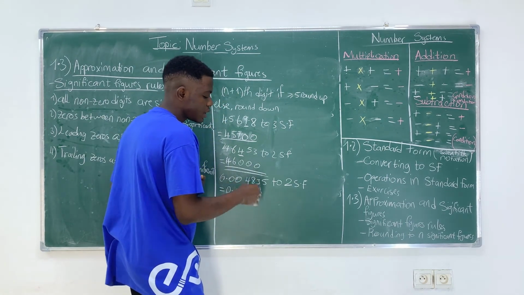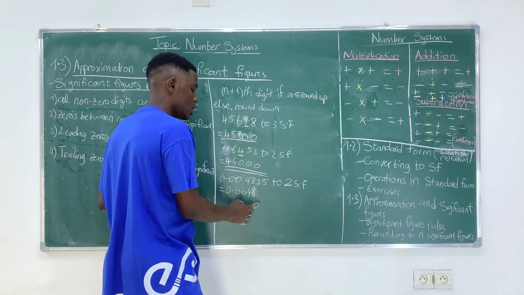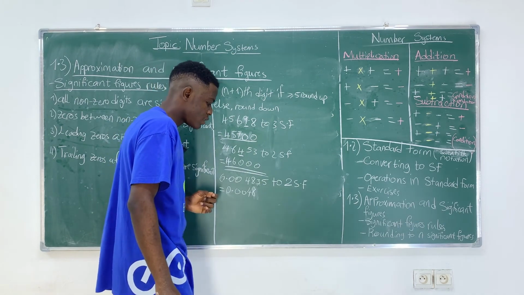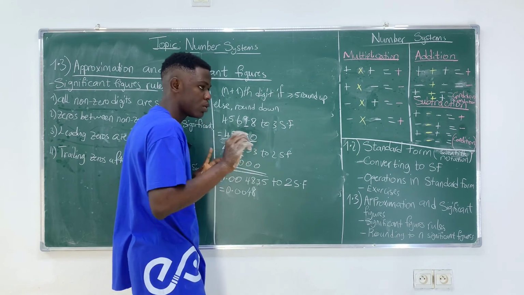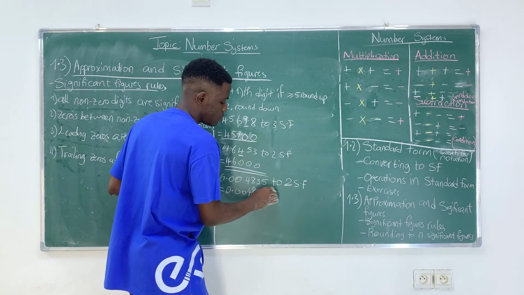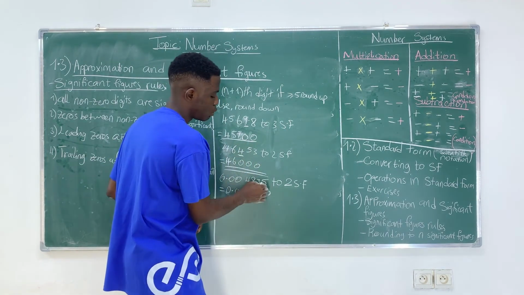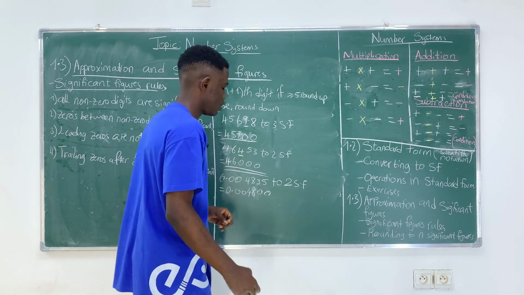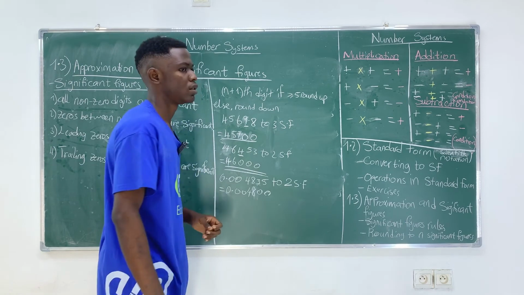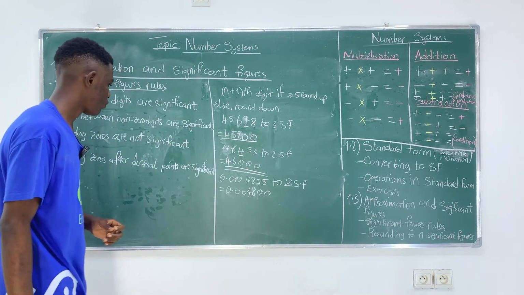But since the number after the second significant digit, which is 8, is less than 5, I keep my 8 constant. I could write 0, 0 because there are two numbers left, 3 and 5, so I replace them by 0, 0, so that this will not be significant.